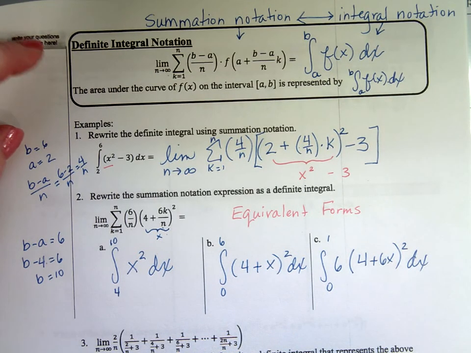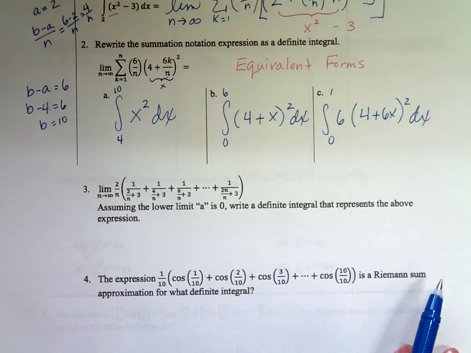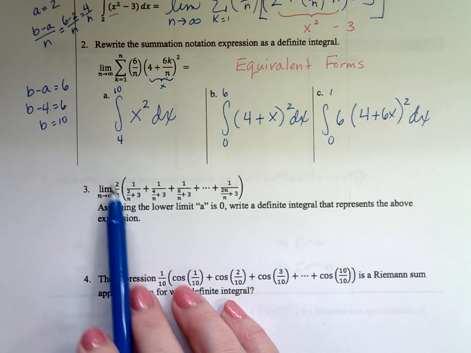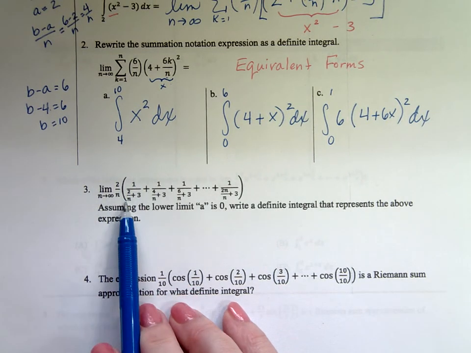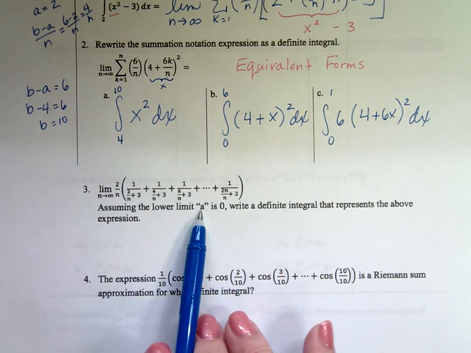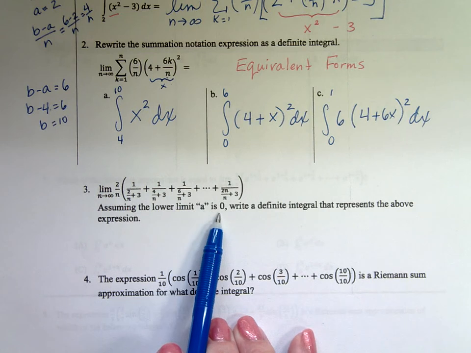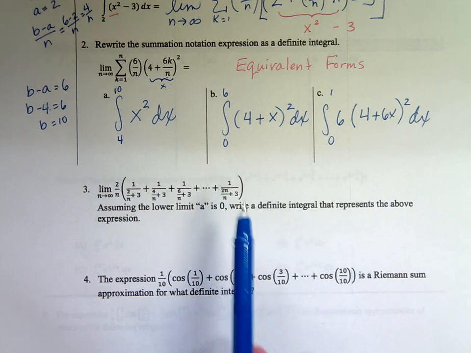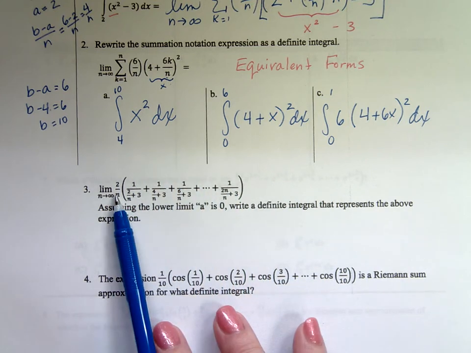Okay. Number 3. This one is goofy too. I've got the limit as n goes to infinity of 2 over n. And then it gives me this whole craziness here, right? And it says, assuming that the lower limit a is 0, write an integral that represents the above expression. All right, so now again, I'm going from this crazy limit form to an integral form.